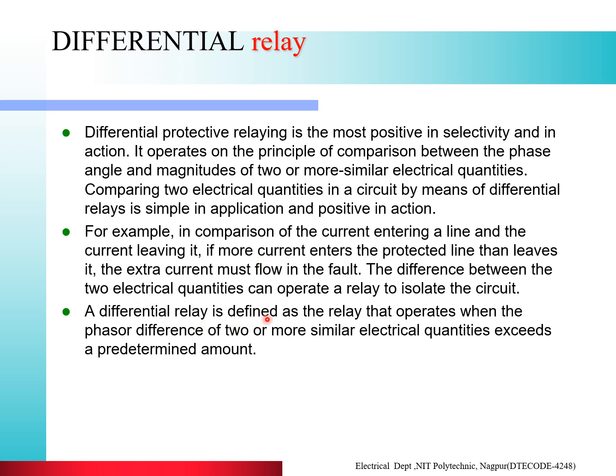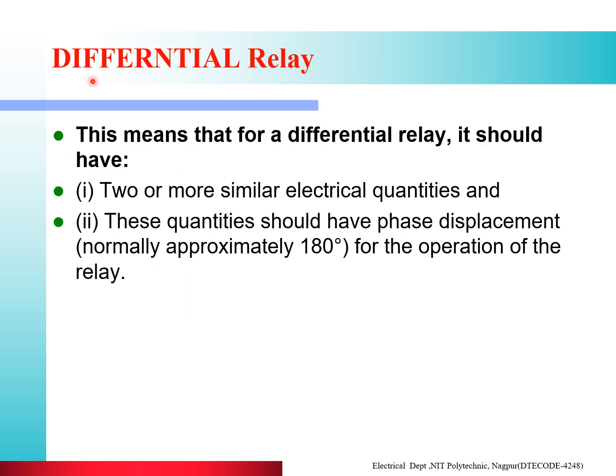A differential relay is defined as the relay that operates when the phasor difference of two or more similar electrical quantities exceeds a predetermined amount. When does the differential relay operate? When there is a difference between the two quantities, then and only then will that relay operate.